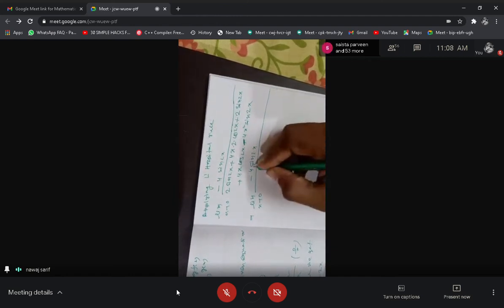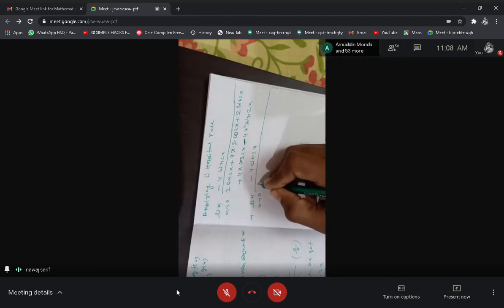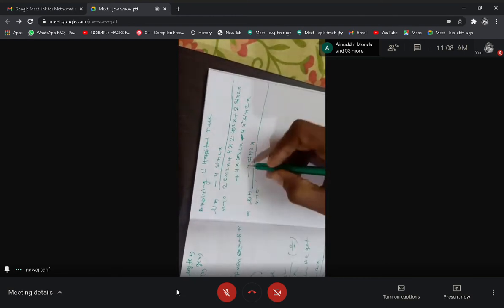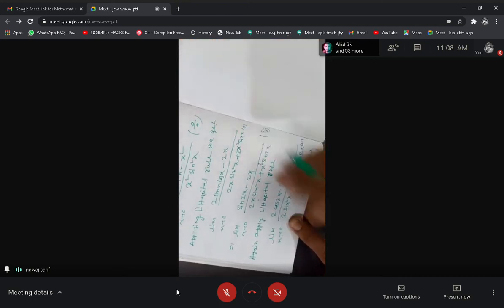Sorry, this is x square. In the numerator also minus 4 sin x. Derivative of 2 cos 2x minus 2 is what? Minus 4 sin 2x.